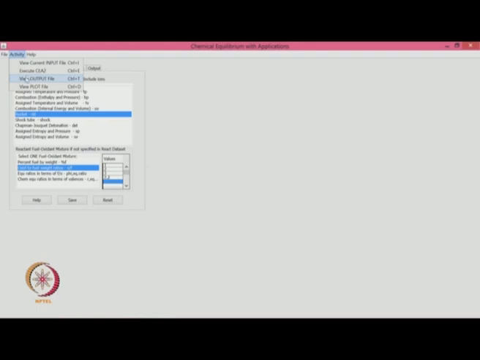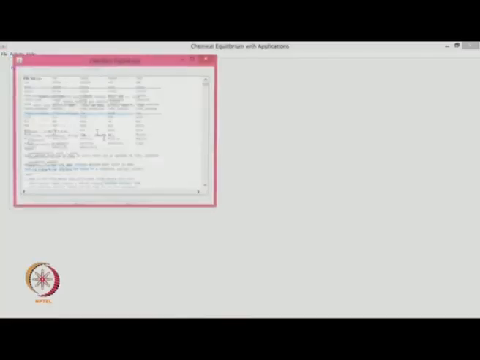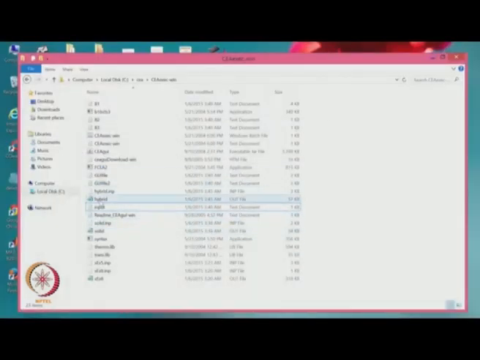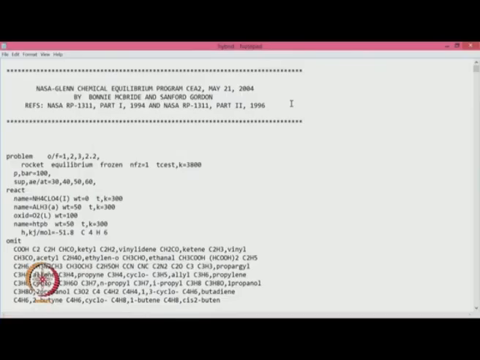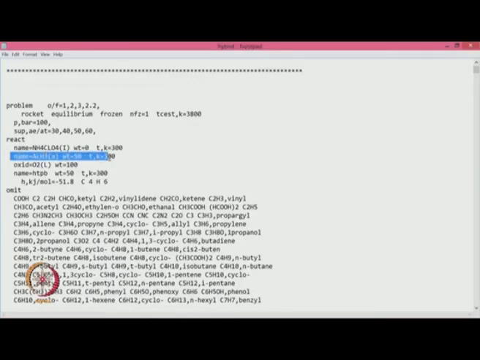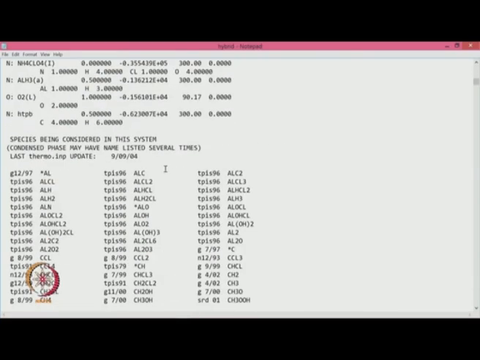So, now if we run this, here you see we have added aluminum hydride, that is around 50%, and binder has been reduced to 50%.